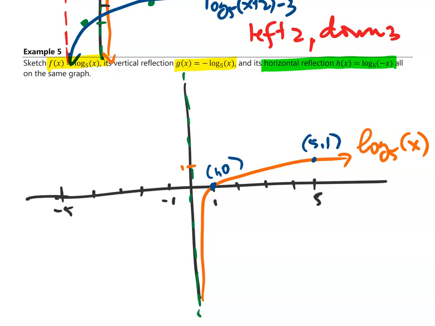And next is the vertical reflection, g of x, negative log base 5 of x. So think about vertical reflection. So you will have a point here at 5, negative 1.